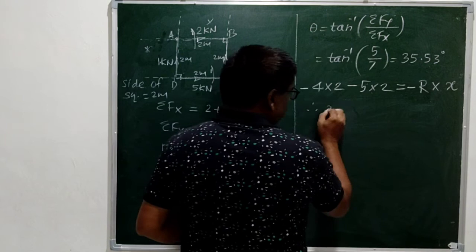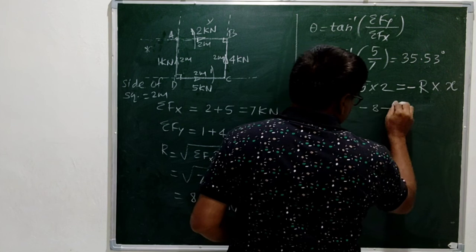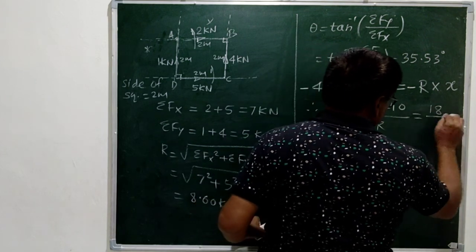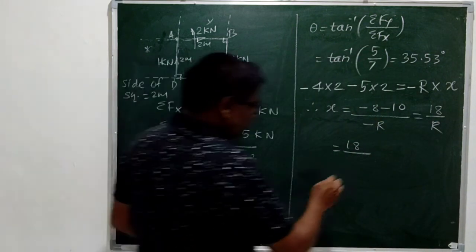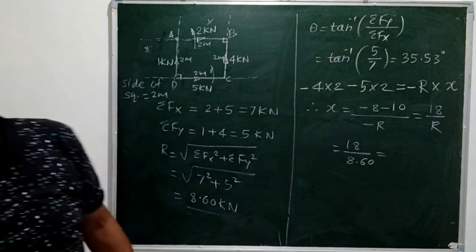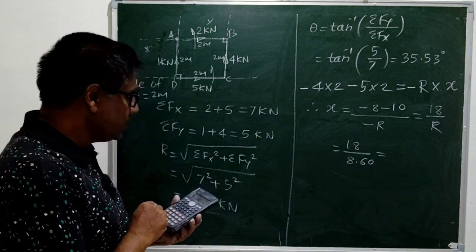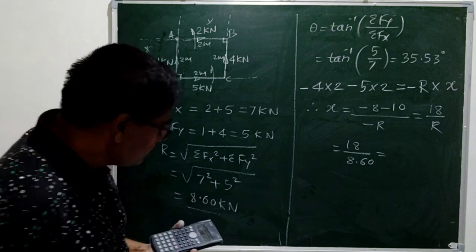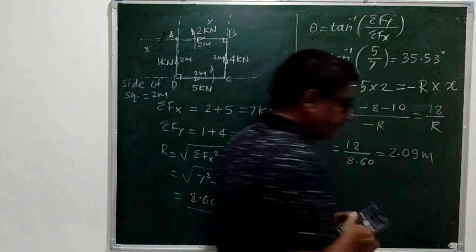Therefore the value of x is equal to minus 8 minus 10 upon minus R, which is 18 upon R, and the value of R is 8.60. 18 divided by 8.6, we are getting 2.09 meters.